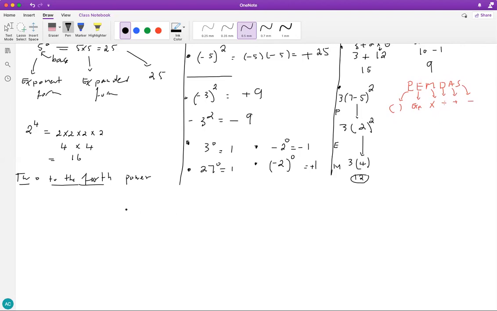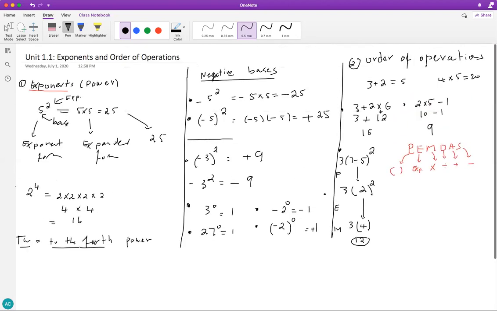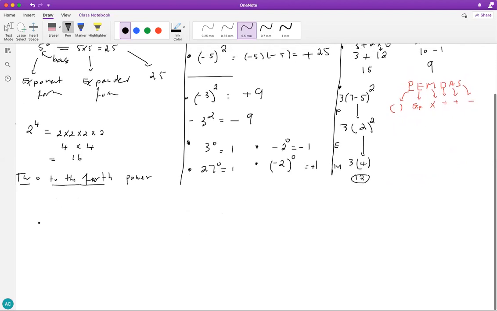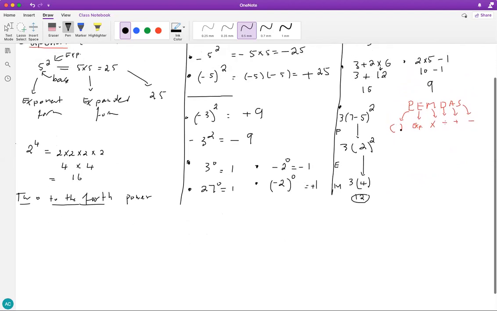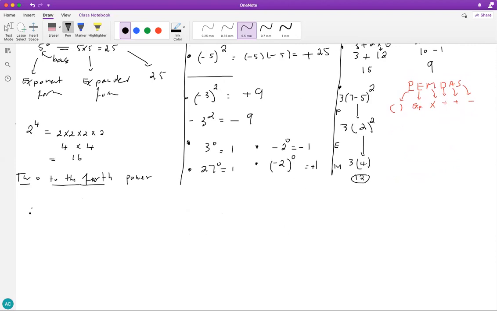Now, let's do some more examples. Let's continue here. As we go, we're going to make the expression a little bit longer, more complex, and simplify it.